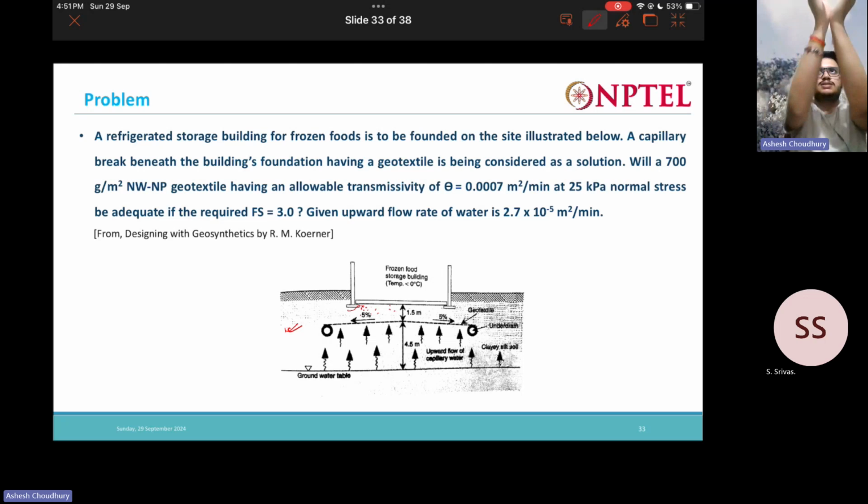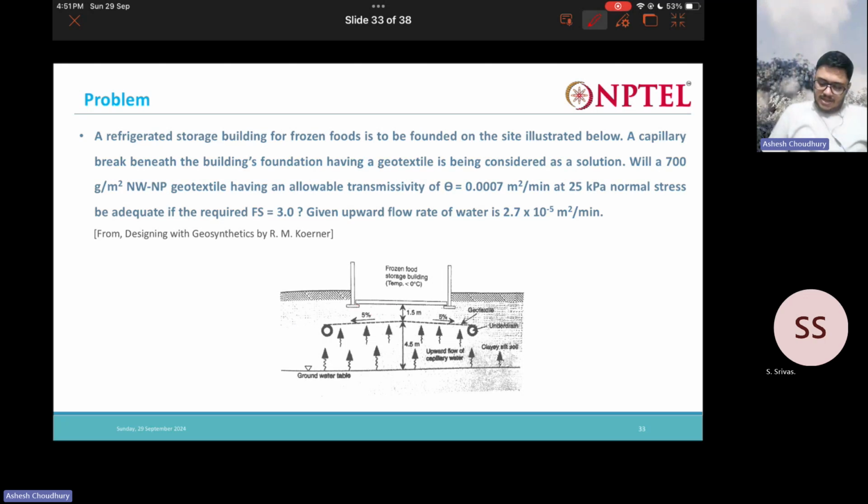The water comes, enters the drain, flows along this path, and finally drains out through the pipe drains, the underdrains that are there at the site. The slope of the geotextile that you have to lay is given as 5%. The camber that you have to maintain for this geosynthetic drain is also given as 5%.